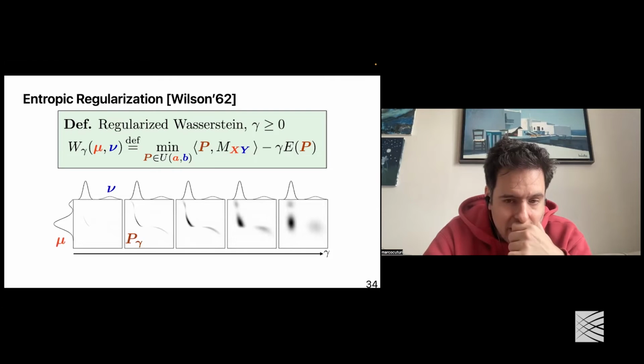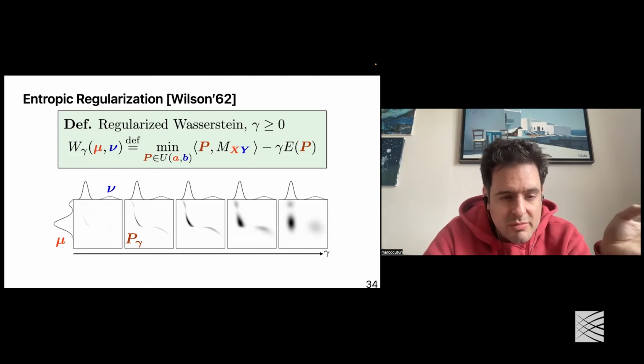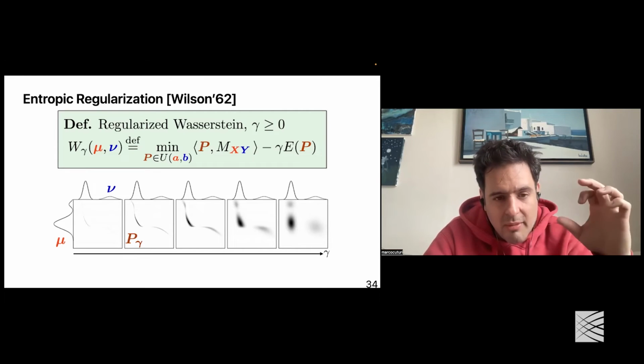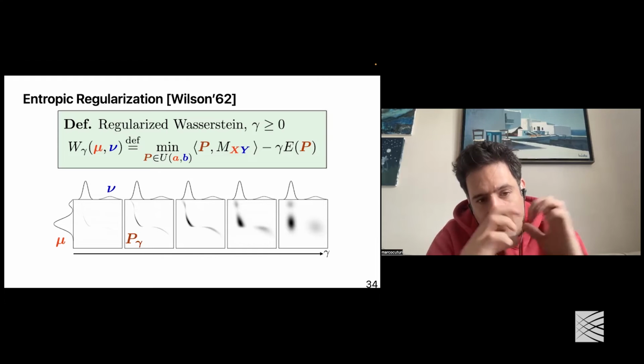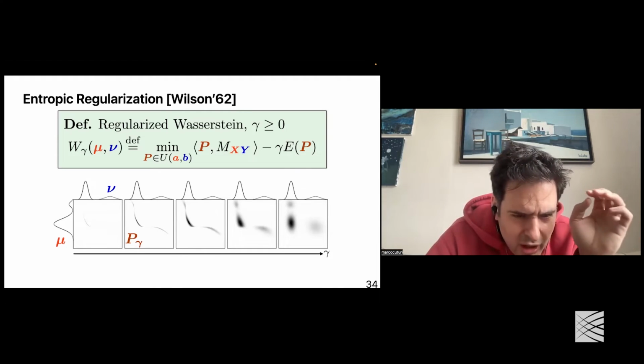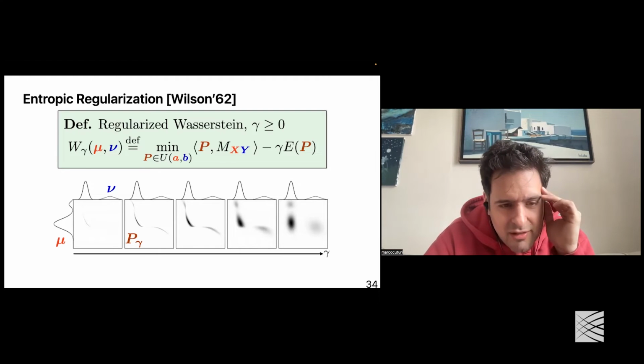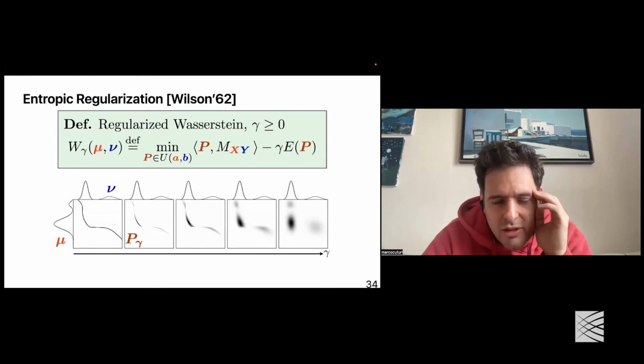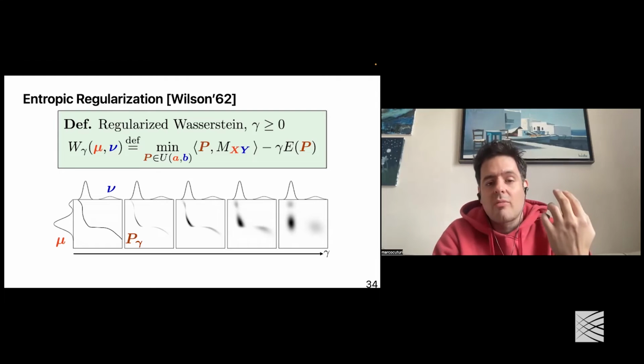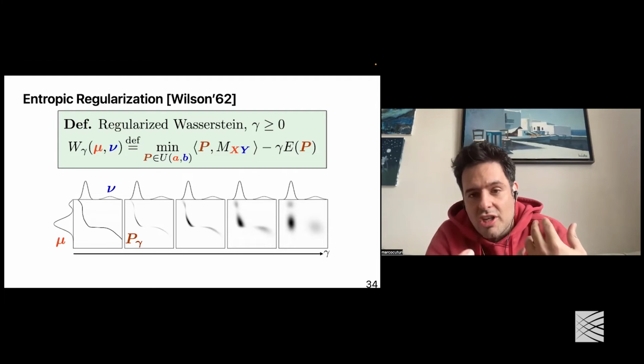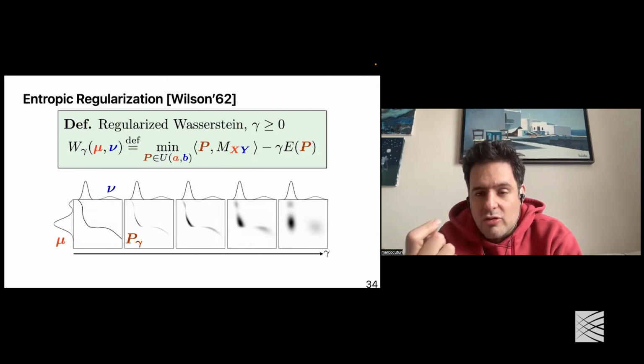And so intuitively, imagine you are computing optimal transport between those two 1D distributions and then plotting here in the middle this matrix, which is the transportation plan. It's actually a bit hard to look at the entries. They're very thin, so they more or less look like this. What you're getting in exchange for this gamma negentropy regularization is a bit more blur.